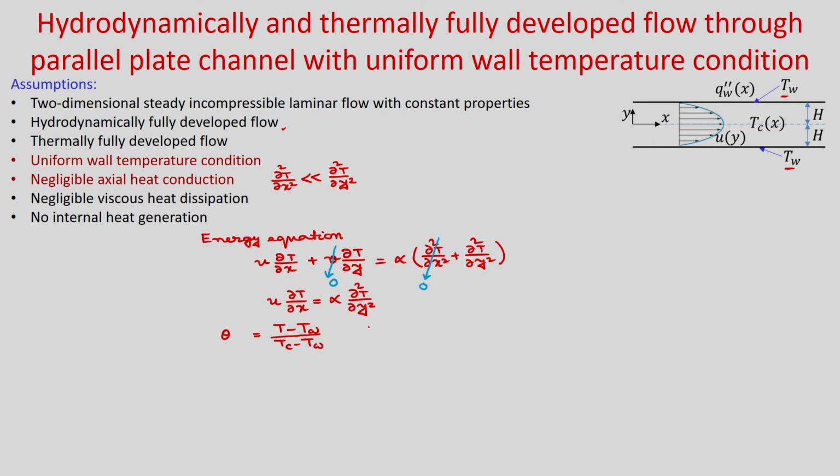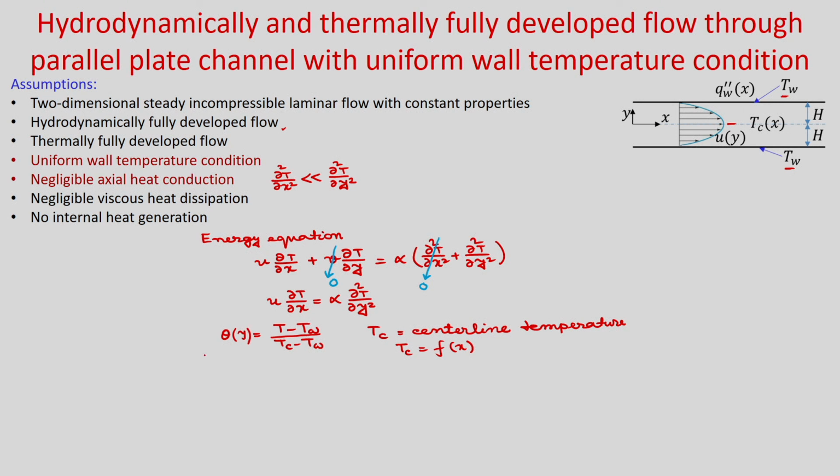T c is your central line temperature. T c obviously is a function of x, but the ratio T minus T w divided by T c minus T w is no longer a function of x, it is only a function of y.